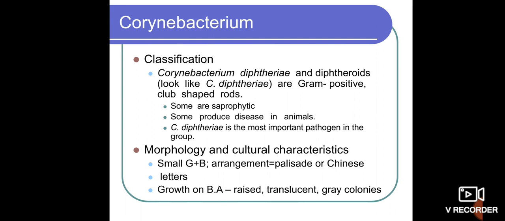The bacilli are arranged in a characteristic fashion, called the Chinese letter arrangement or the cuneiform arrangement, and they are usually seen in pairs and sometimes in small groups also. This arrangement is due to the incomplete separation of the daughter cells after the binary fission of the bacteria.